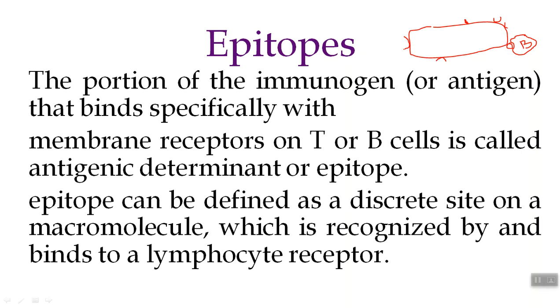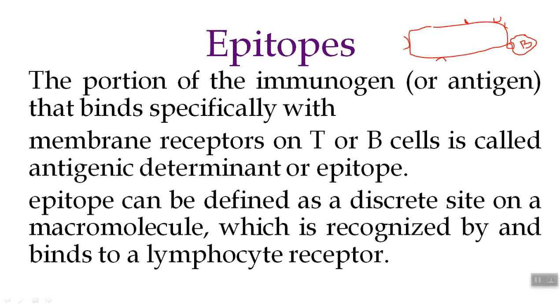Since the epitope size may be around 3 to 6 amino acids or 5 to 6 sugar residues, one foreign substance or one pathogen can have more than one epitopic region or antigenic determinant. However, these determinants may be identical or different from each other on the same molecule.